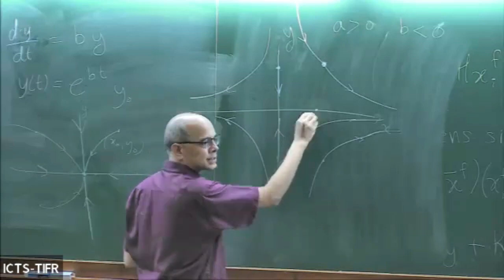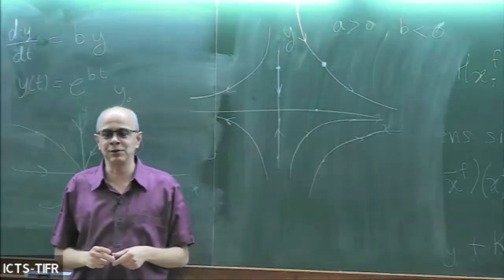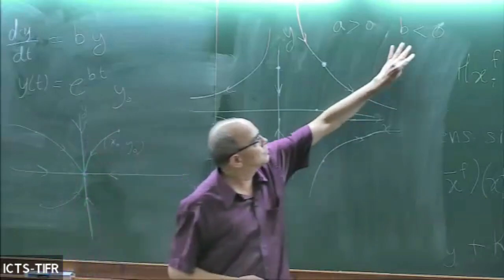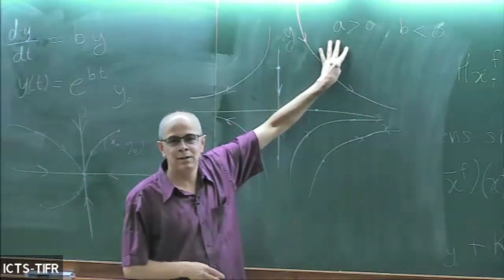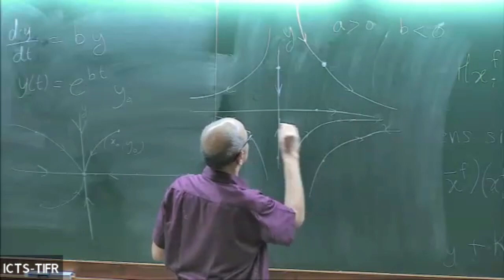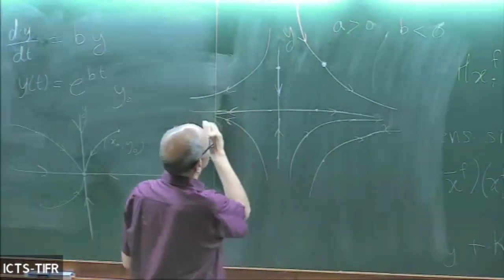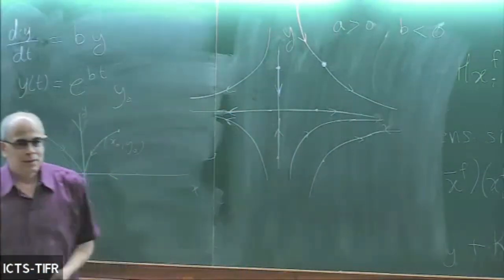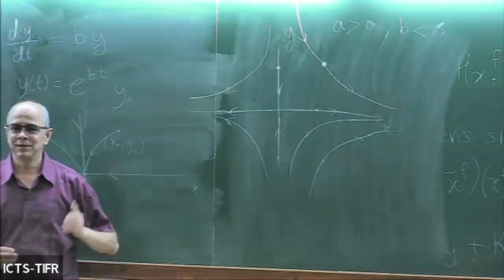If you're on the x-axis, y is equal to 0, x is non-zero, this will remain 0, A will push you towards infinity or negative infinity. So now this is mixed.